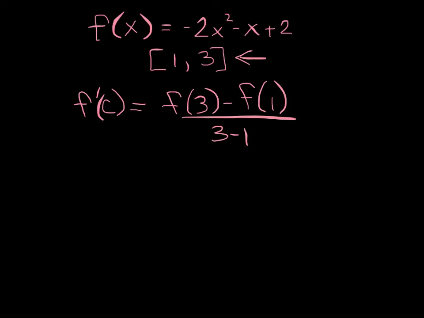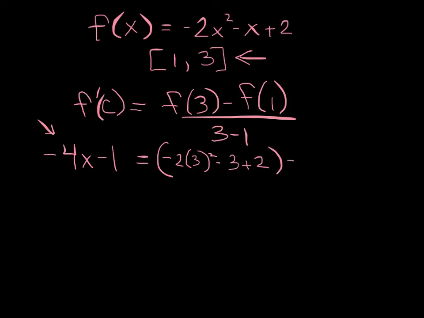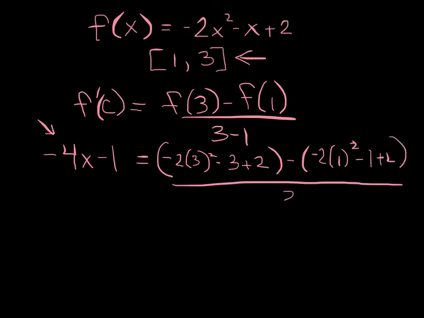So the derivative of the function is negative 4x minus 1. So notice I could call this negative 4c minus 1 and solve for c, but I'm going to solve for x, okay? And now I substitute 3 into the function, negative 2 times a quantity 3 squared minus 3 plus 2, and then I'm going to substitute 1 into the function, negative 2 times 1 squared minus 1 plus 2, and then that's all over 2.